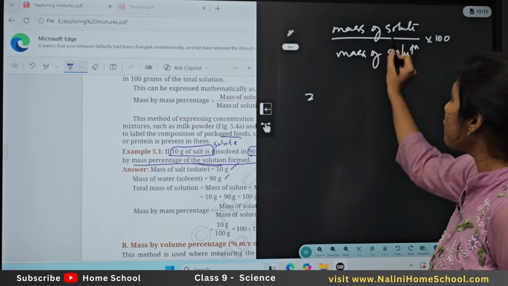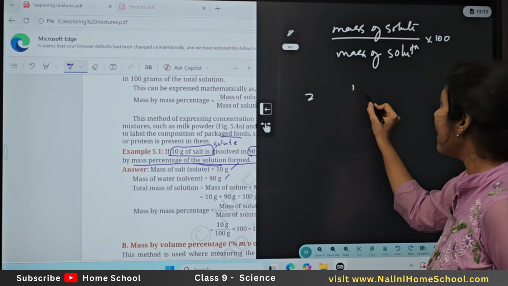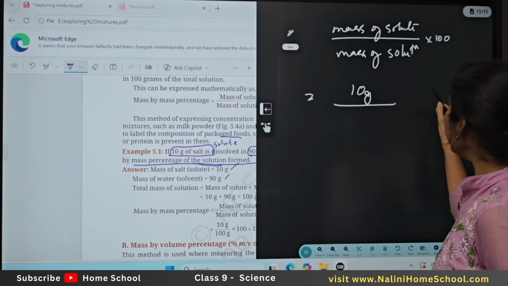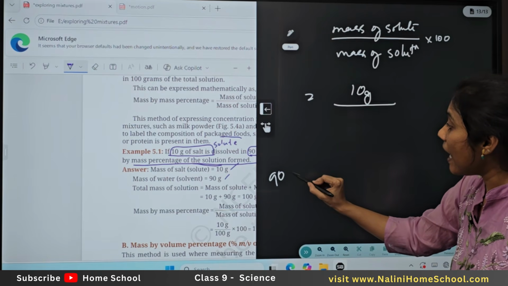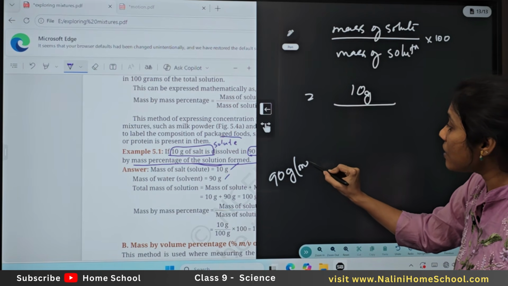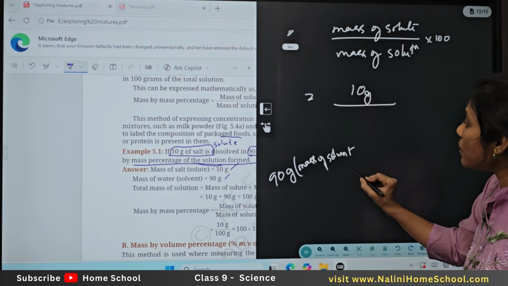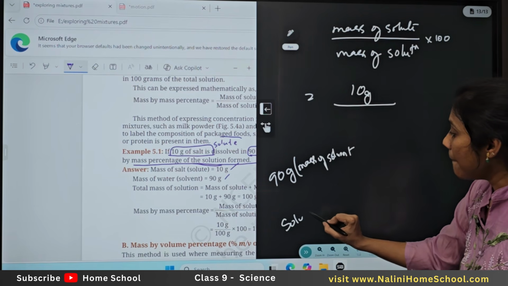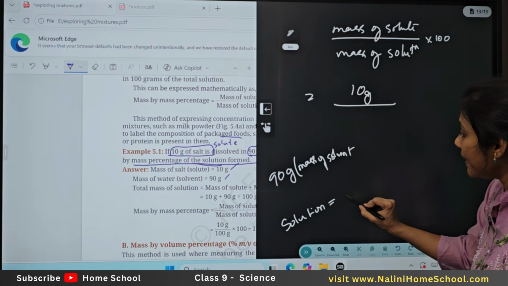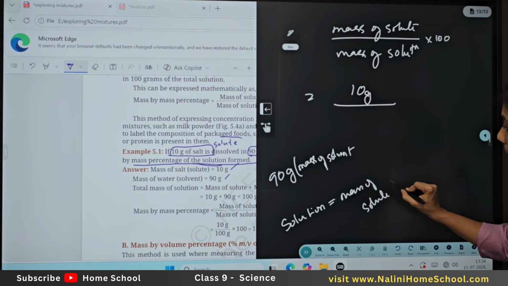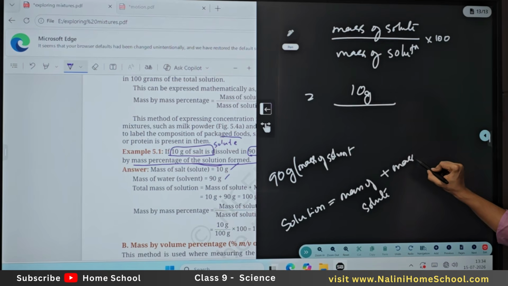What is the mass of solute they have given? 10 grams. What is the mass of solution? 90 grams? 90 grams is actually the mass of solvent, isn't it? Mass of solution means mass of solute plus mass of solvent, guys.